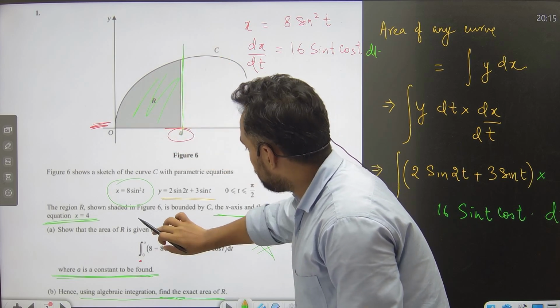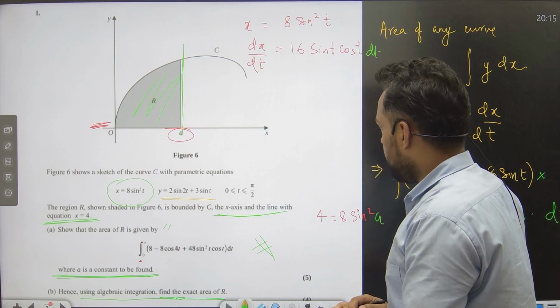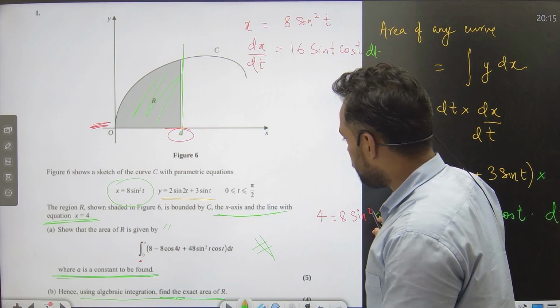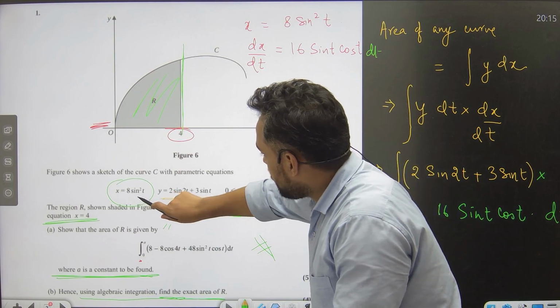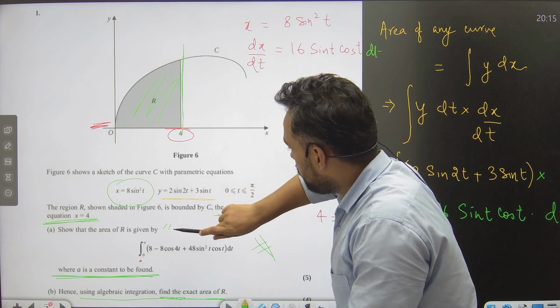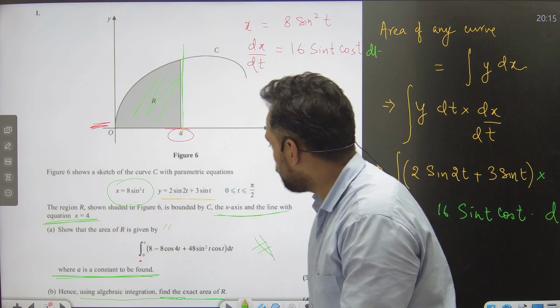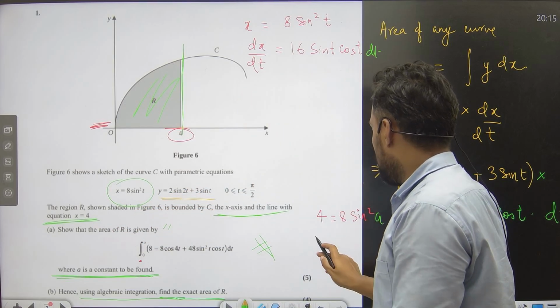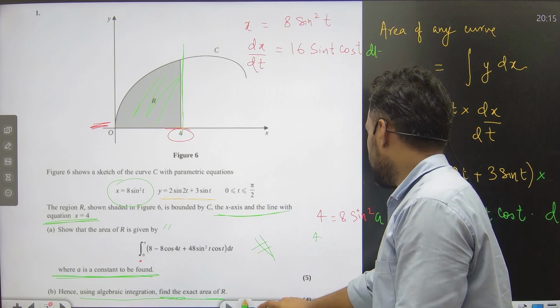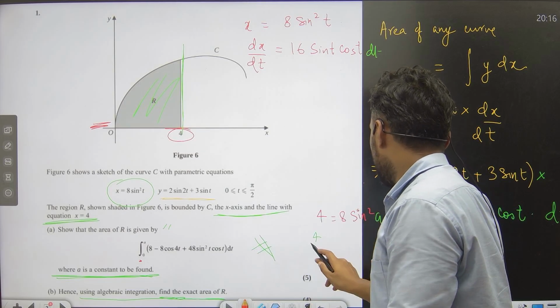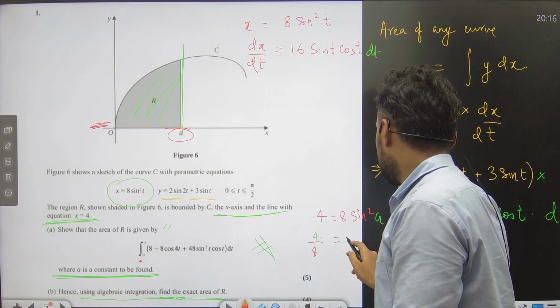So upper limit, we are plugging the values. A equals, we need to find the value. So 8 sin square a, this will be our upper limit, x equals 4. So we have plugged in this value. After calculating it further, we get 4 by 8 equals sin square a.